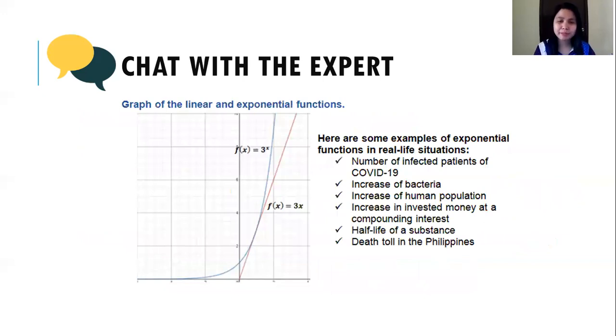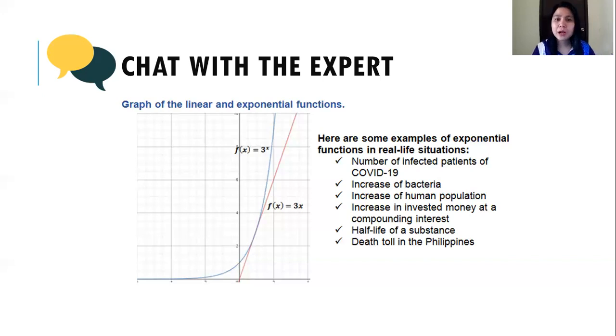Example number 1, the number of infected patients of COVID-19. If we heard from the news, it starts with 2, but later it becomes 27, then 100, 1,000, then thousands. So you see, the growth is exponential. It's not just linear. It shoots up immediately.